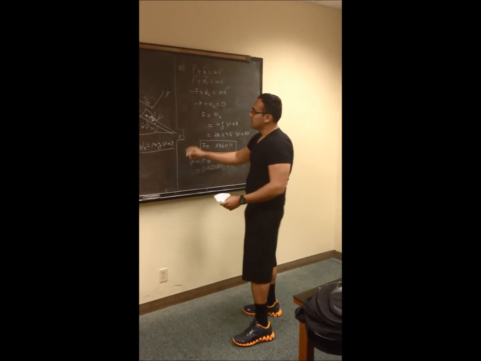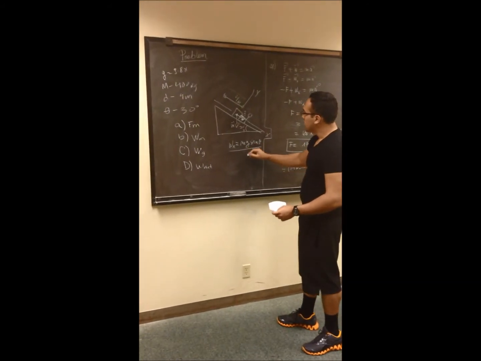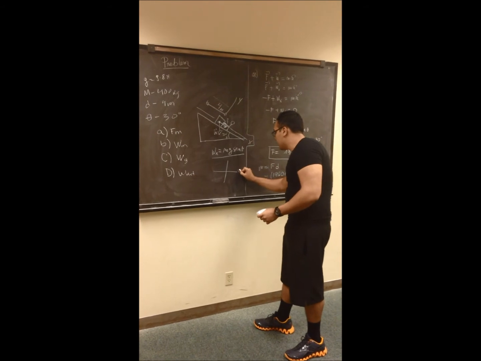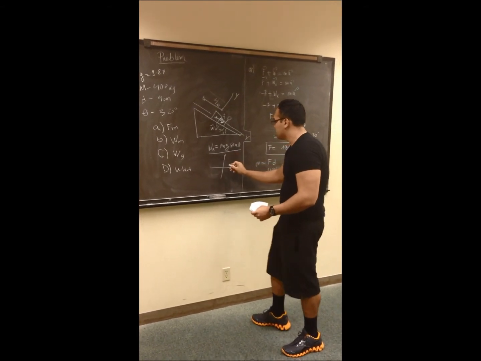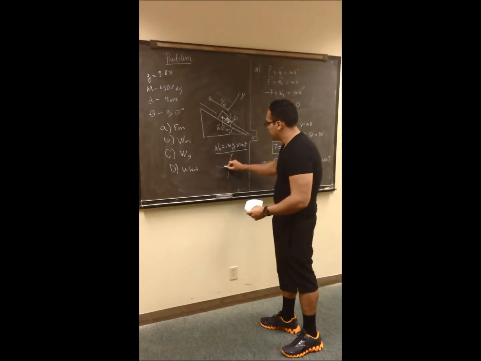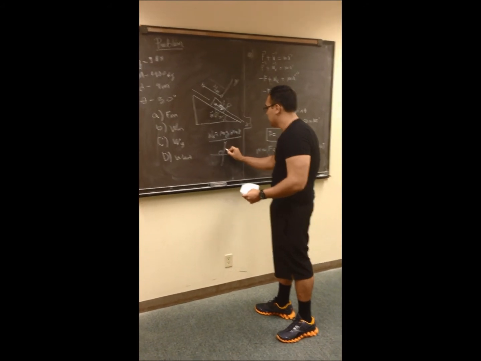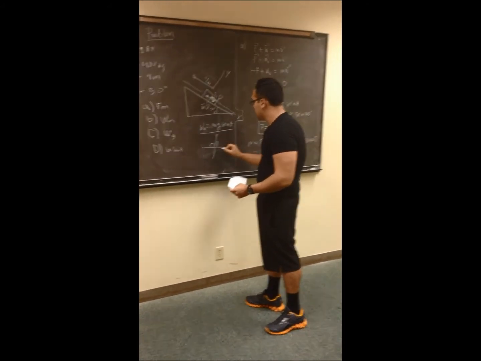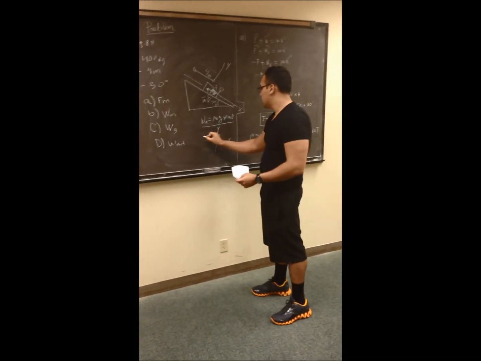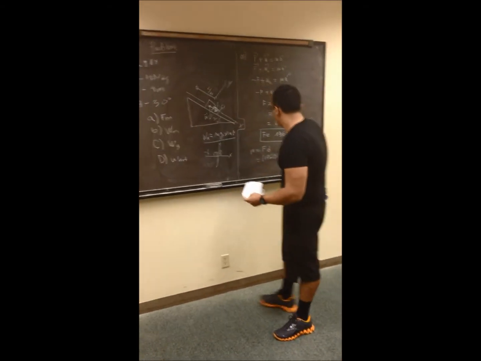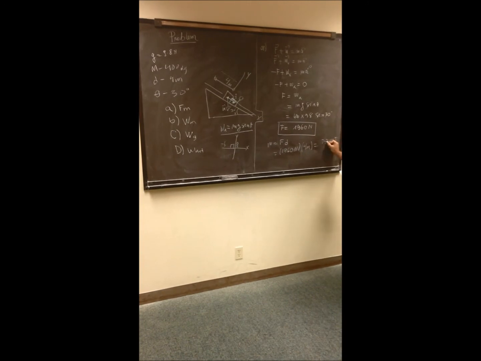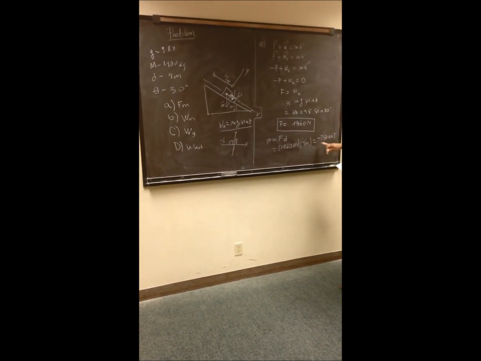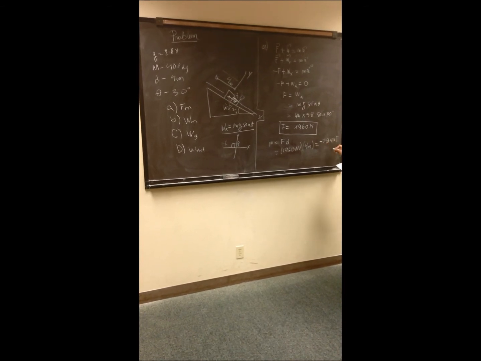But if we look at our x and y, if we draw it out, it's as if the piano's here, the man is pushing into the negative x. So knowing that, our work is also going to be negative, which ends up with a negative 7840 joules.